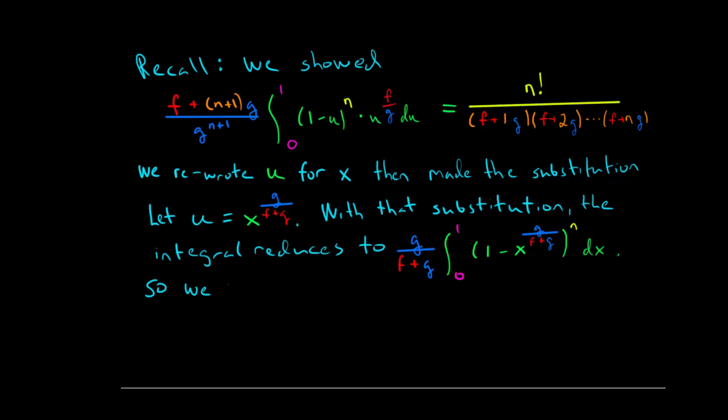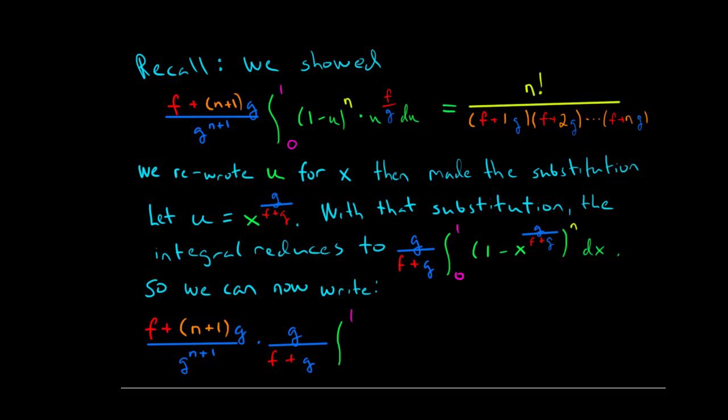And now we're going to combine these two facts. We're going to keep that leading coefficient we have in the expression up top, f plus n plus 1 times g over g to the n plus 1. But now we're going to write our new form of the integral, starting with g over f plus g. Remember, we pulled that out from the integral because it's a constant, times the integral from 1 to 0 of (1 minus x to the g over f plus g), closing parenthesis.